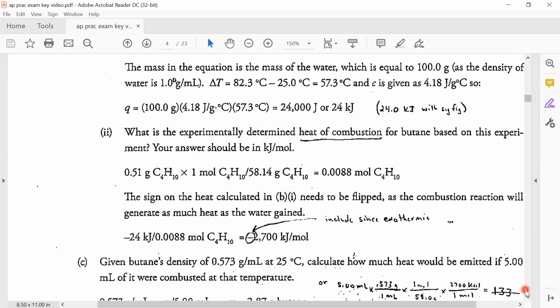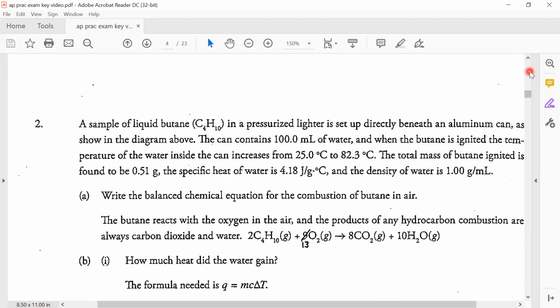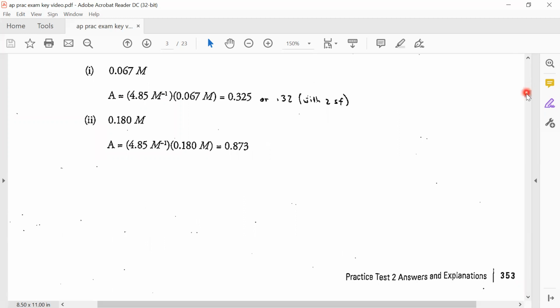It is right here. I just did a calculation, absorbance equals the molar absorptivity constant times the path length, that's 4.85, and then I multiply that by my concentration, and I did the same thing right here.